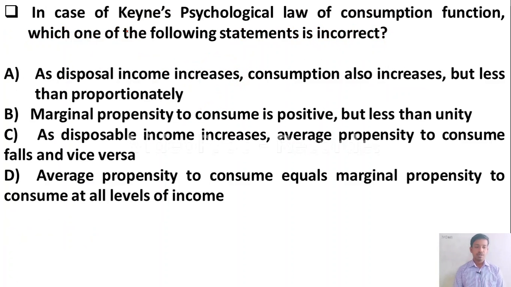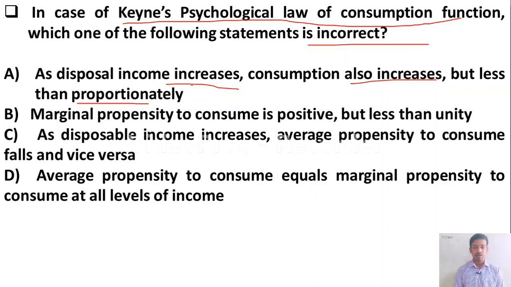The next question is, in case of Keynes psychological law of consumption, which one of the following statements is incorrect? Yes, I hope you are aware of the Keynes psychological law of consumption, a very interesting theory in economics. Option A, as disposable income increases, consumption also increases, but less than proportionately.